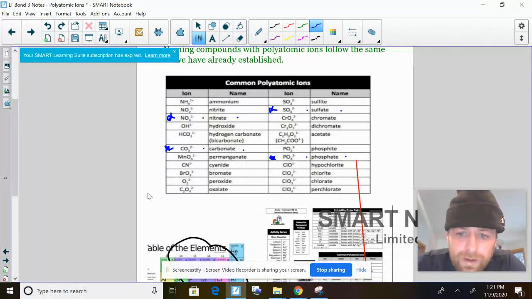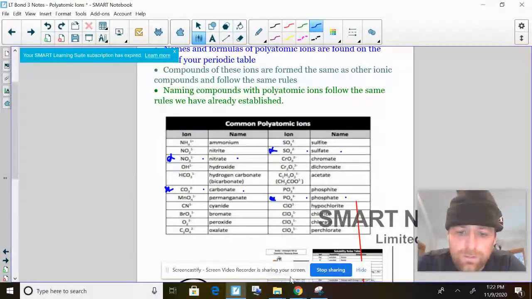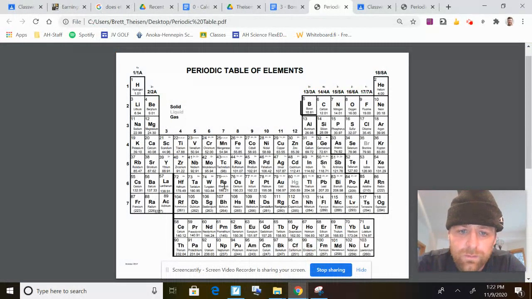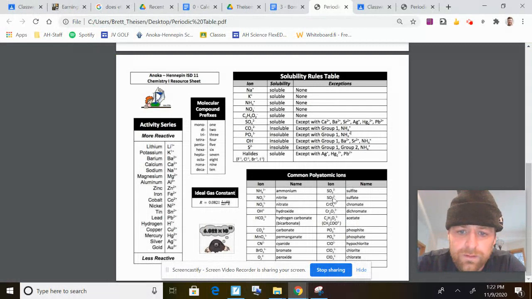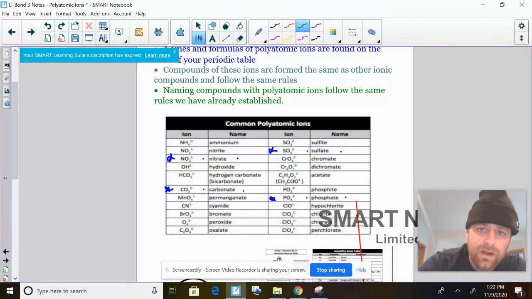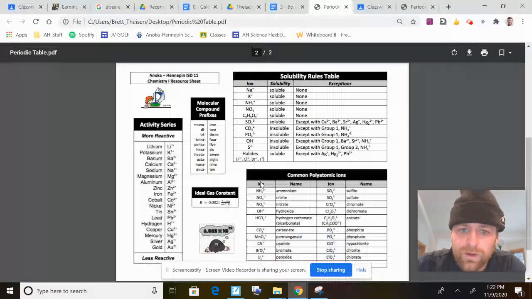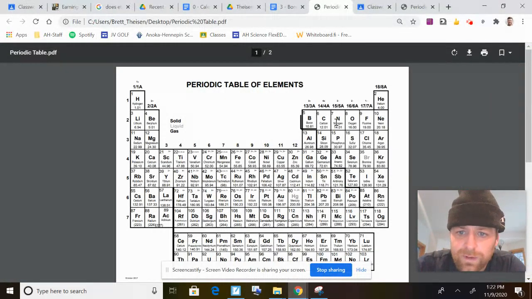Now, where do I find this? It's on the back side of my periodic table. If you ever need to find it, it's right there. I just blew it up. If I open this attachment, there it is. There's my polyatomic ions. A common thing with polyatomic ions is they have the ending -ate. A lot of people go, well, nitrogen is on the front side of the periodic table, and that's what we call nitride when it's bonding.